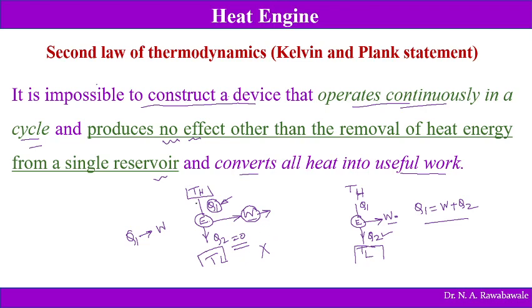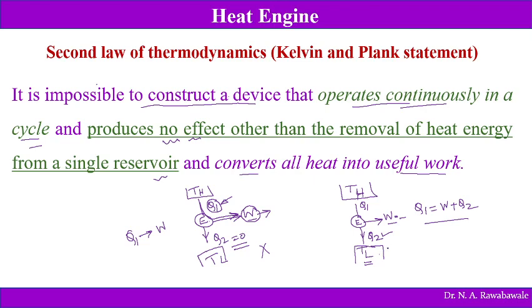Such a machine is not possible. But a machine which absorbs heat energy from a body at higher temperature and produces work, with some part of the heat energy rejected to a body at lower temperature, is possible. Indirectly he says that 100% heat energy cannot be converted into work. Some heat energy has to be rejected.